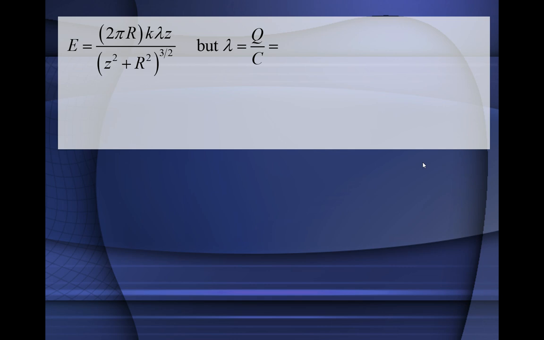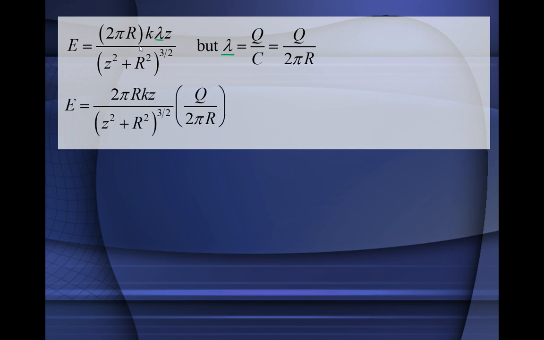But one thing to consider: the linear charge density lambda is also equal to the total charge in the ring divided by its circumference, which is 2 pi R. So I'm going to substitute for lambda, which gives 2 pi R times K times z times, in brackets, Q over 2 pi R.